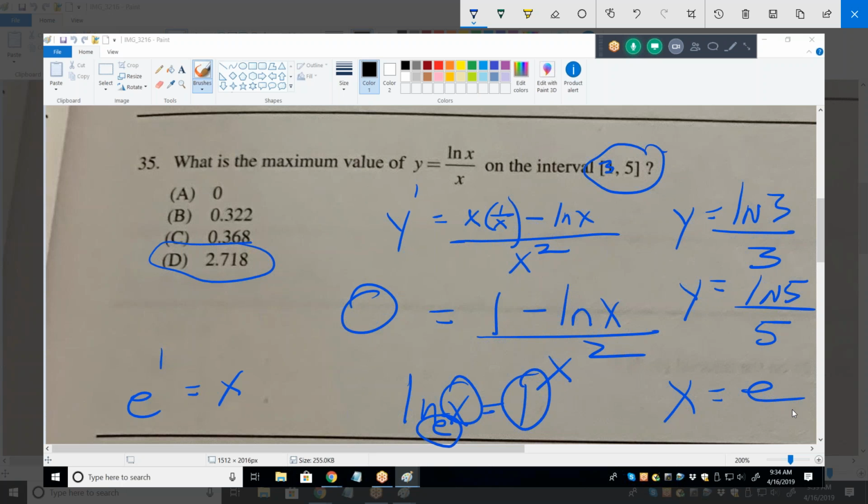The one thing that we know is there is no peak or trough. In other words, this interval has to either always be rising or always be falling, one or the other. So your maximum is going to come at an endpoint. If you do not have a horizontal tangent line in that interval, your maximum is going to be either at 3 or at 5.